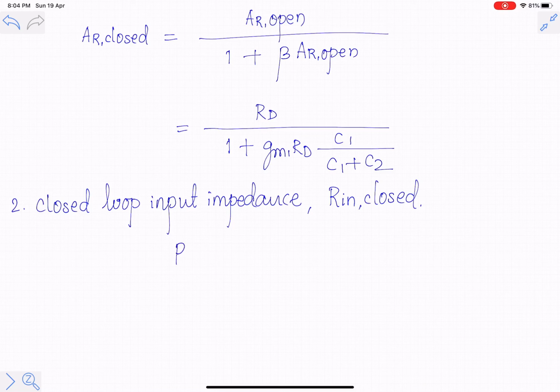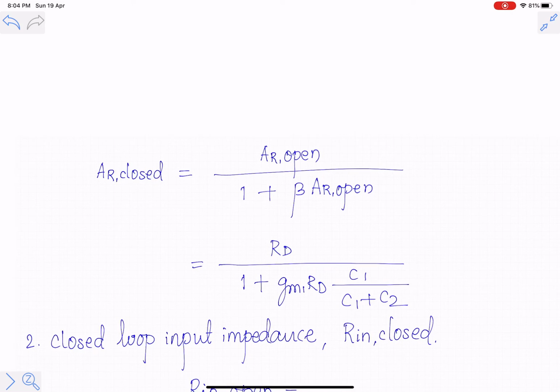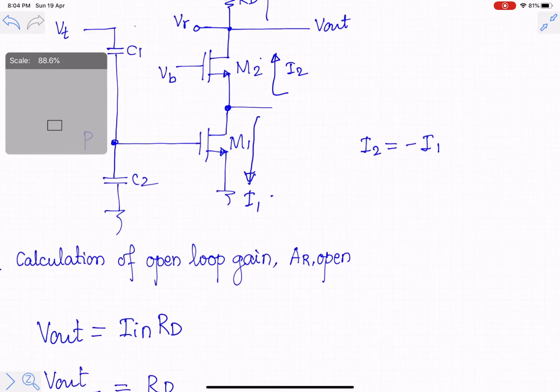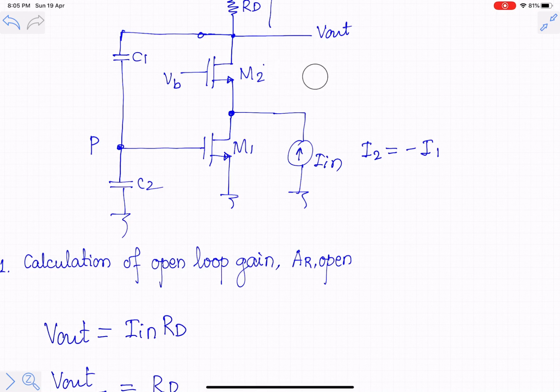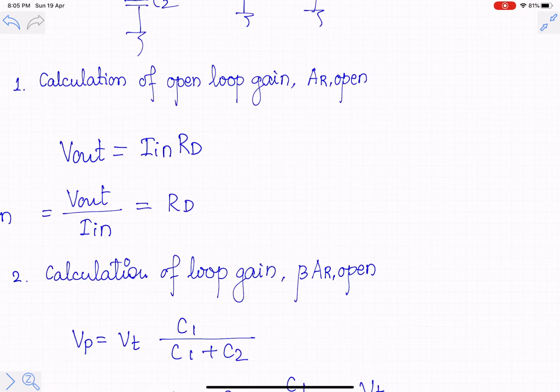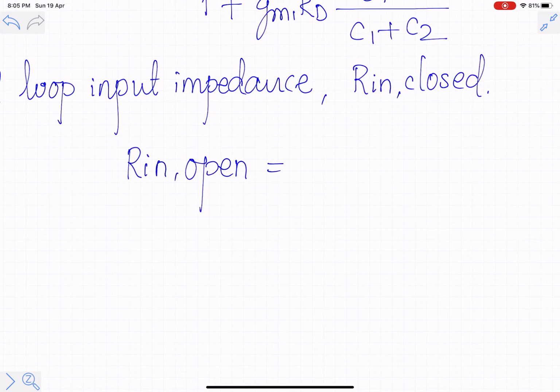Now you can see that R in open in this circuit, from the circuit diagram, with this being I in. So when the feedback signal is not there, when feedback is made 0, we can see that the R in open is 1 by GM2.